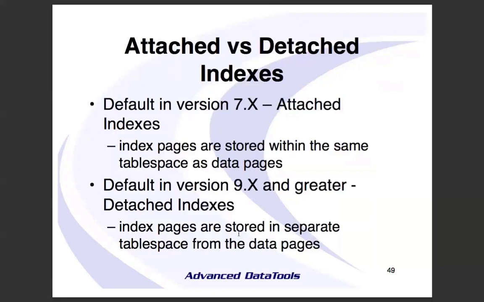That's why when you run certain oncheck commands, you'll see your indexes showing up as if they're separate tables, because they now have their own table space. And that's much better. If you did migrate from version 7, you ought to just check to see if you have any attached indexes and drop and recreate them.